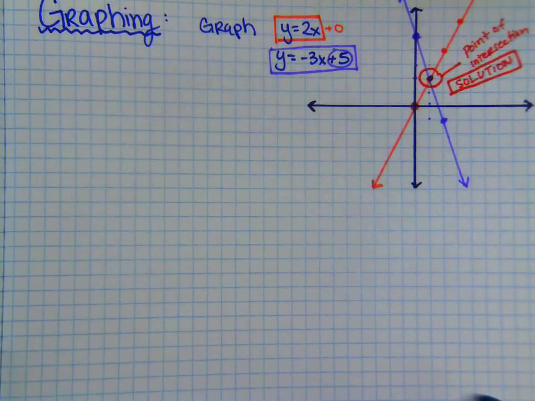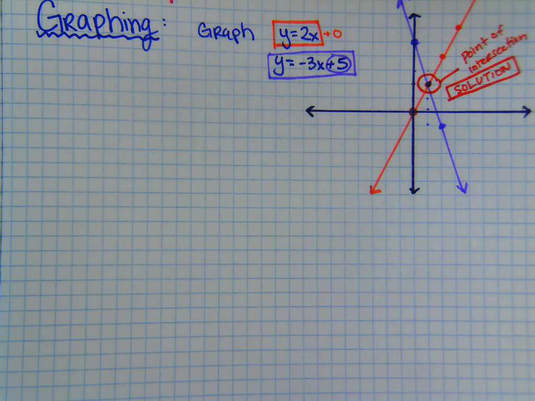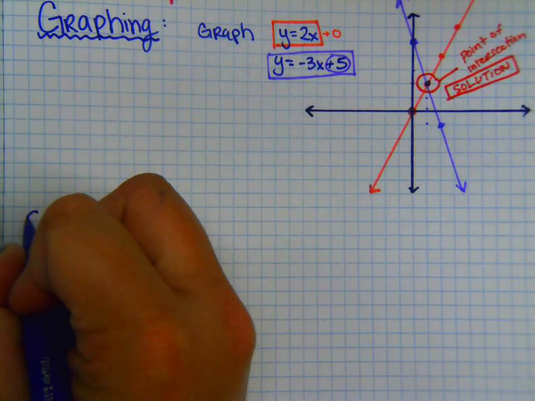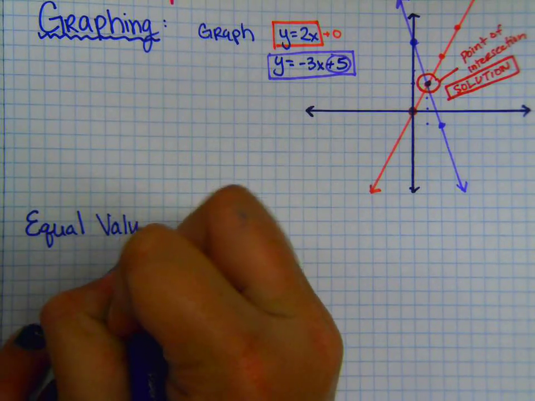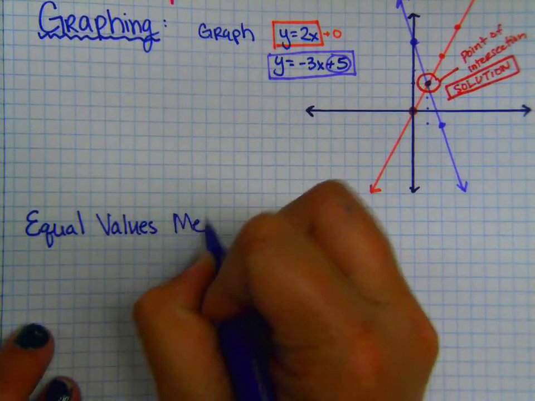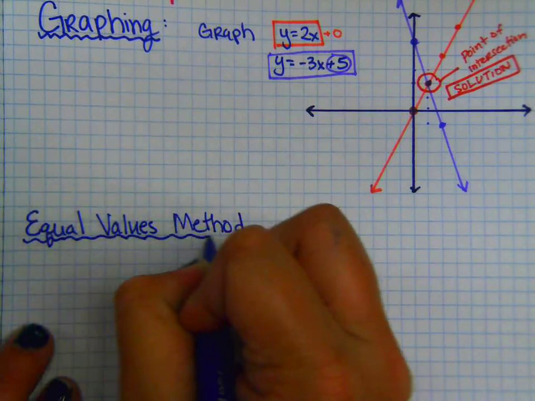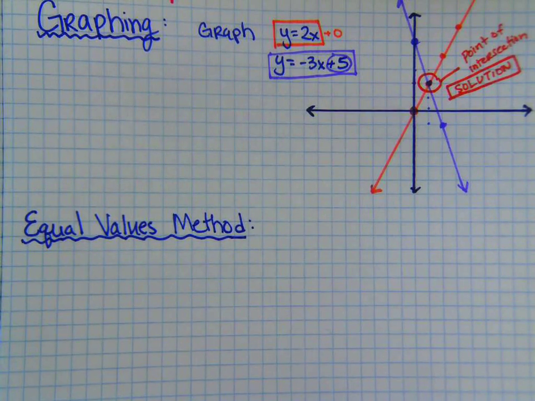The next way you can solve it is using algebra. And there's multiple different ways you can solve it. So the first one I'm going to go over is called equal values method. Okay? An equal values method is best used when you have two equations that start with y equals.